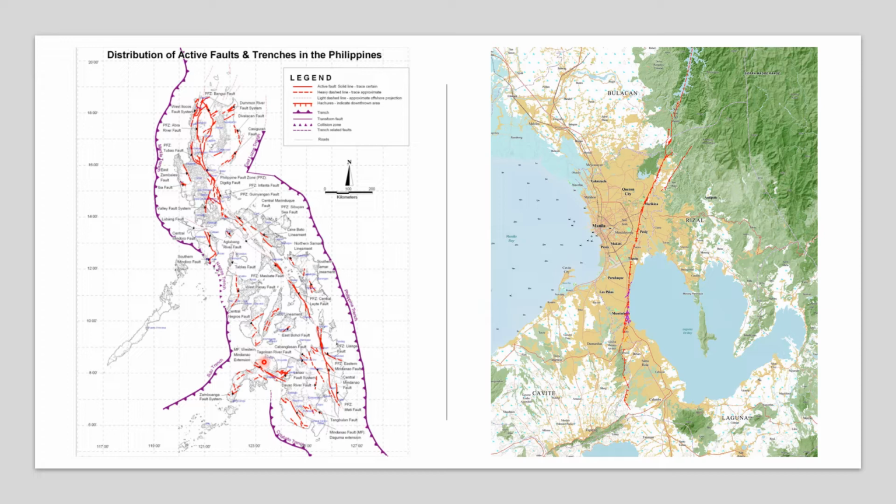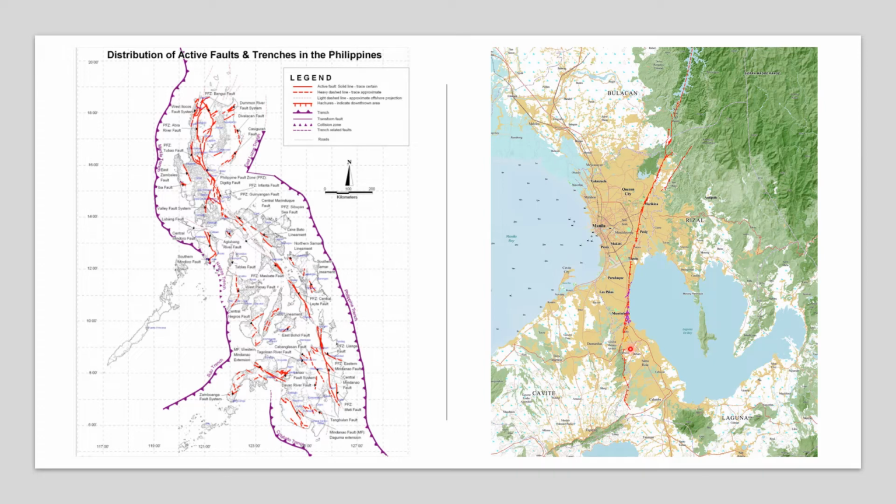Next, the Marikina Valley Fault System, this one on the right, also known as the Valley Fault System, is a dominant dextral strike-slip fault system in Luzon, Philippines. So, here in the Philippines ay meron din tayong napakalaking strike-slip fault. Okay? Parang sa San Andreas.